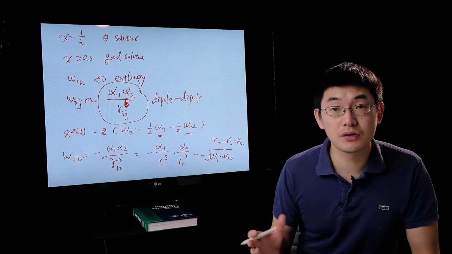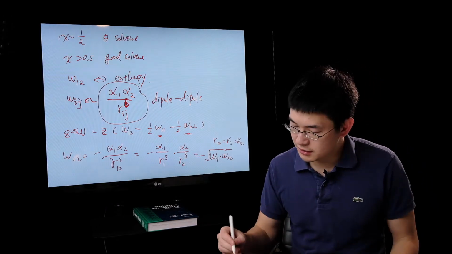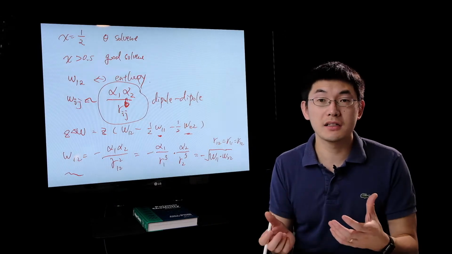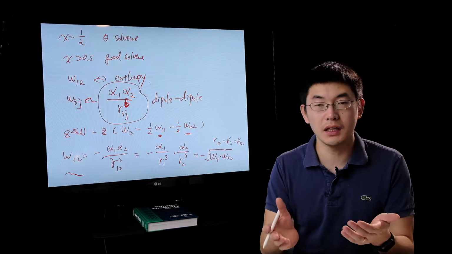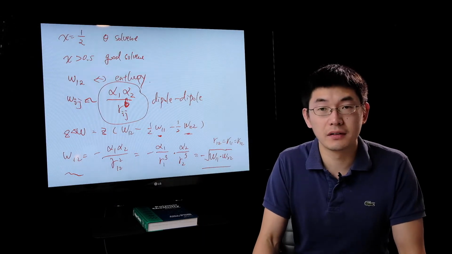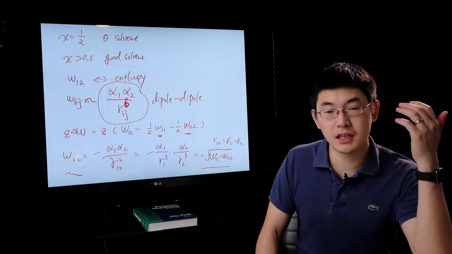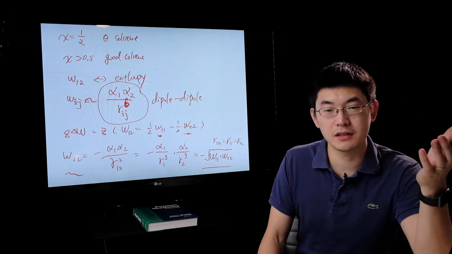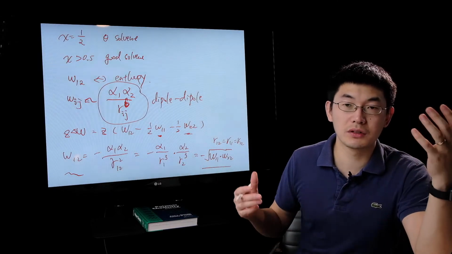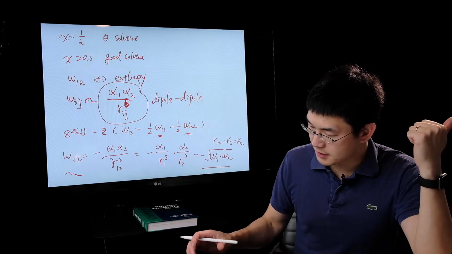So what this allows us to do is establish a simple relationship between W12, the pair interaction between molecules A and B, with respect to the interaction of itself, okay? So if you know the interaction of AA species and BB species, the AB species is just going to be a square root of the product, and take a negative.